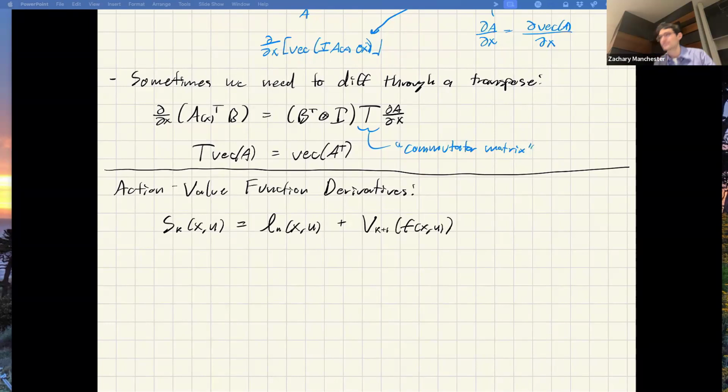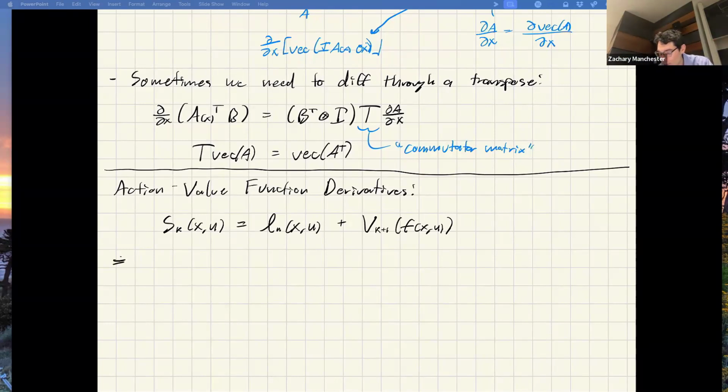Remember this from our dynamic programming discussion. It's the definition of the action value function. And literally all I'm going to do now is chain rule this and take first and second derivatives. That's all we're doing. The reason we had this whole interlude is so I can take the second derivatives of this.